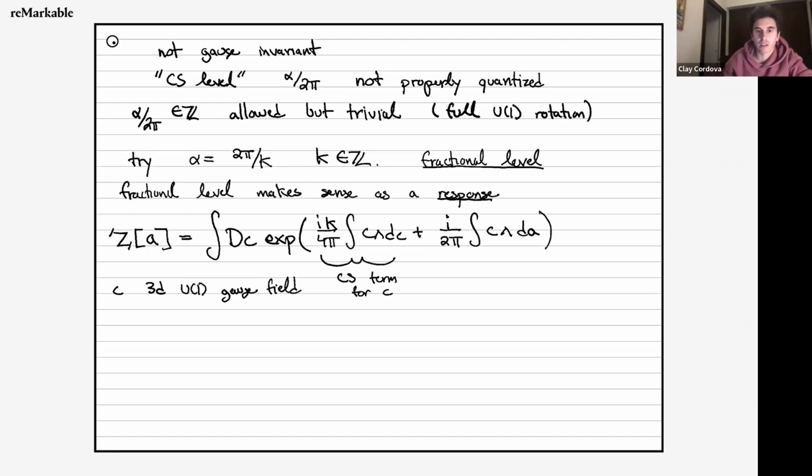So this is a totally well-defined functional integral. And if you naively complete the square, this is just equal, if you like, to the following. What do I mean by this equation, that this partition function is equal to this phase?